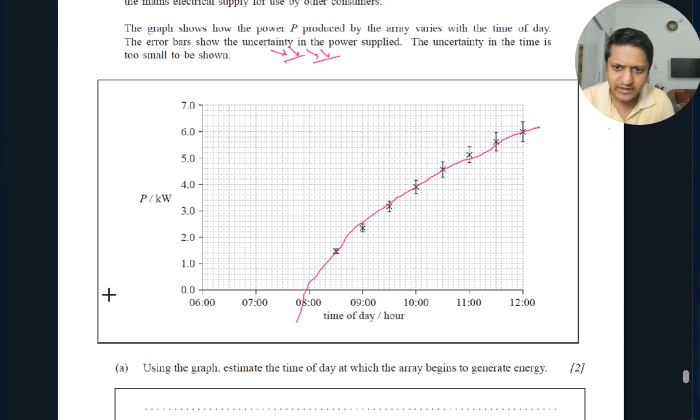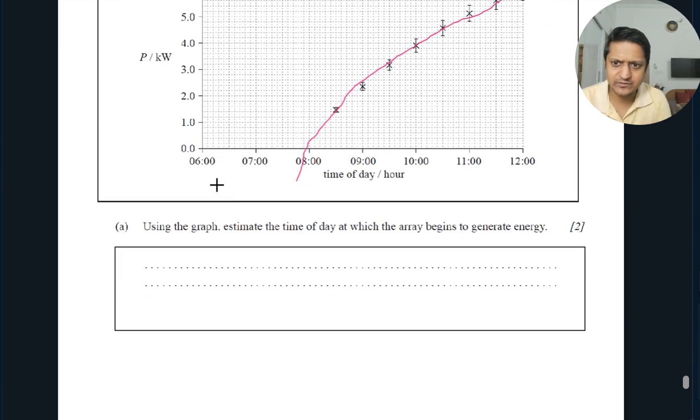So the answer for part A would be 8 a.m. We can allow a little bit of plus or minus for one box. The reading of one box is 10, so it would be 60 minutes, so plus or minus 6 minutes, you can say. So this could be the right answer for part A.